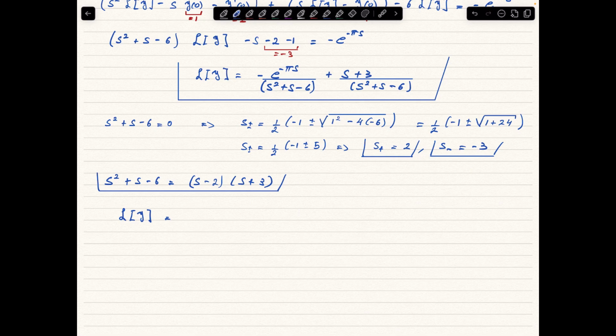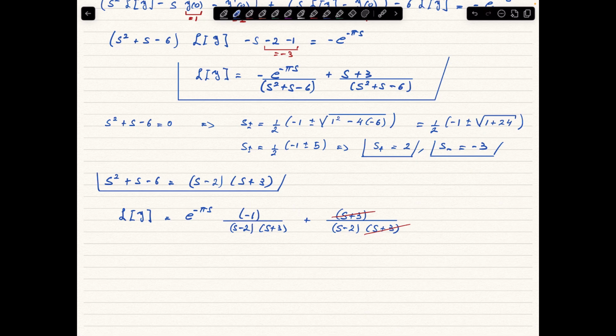It's going to be exponential minus pi s, then we're going to have a negative 1, I'm going to put it here, and this is actually equal s minus 2 times s plus 3. And then recall we have the other term that is s plus 3, and down here we have the same, s minus 2, s plus 3. And here we got lucky, and the denominator cancels with the numerator. We can call it lucky, or we can call it we chose the problem carefully. Anyways, there is a simplification there.